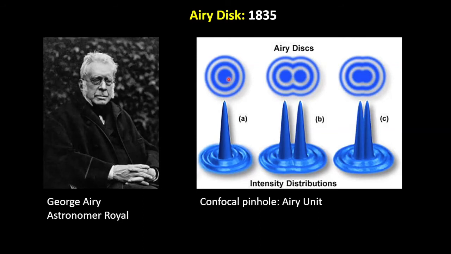The center spot is called one Airy unit. You can also see that when two subjects are getting closer to each other, in this case we can still resolve them, meaning the resolution can still separate the two subjects. In this case, it will appear as one, just brighter in intensity.